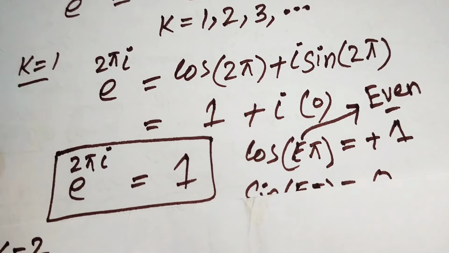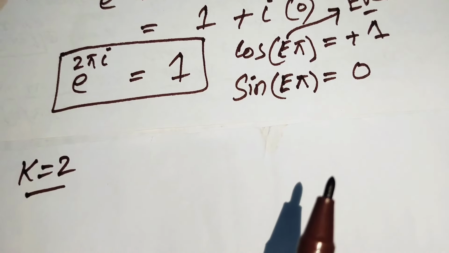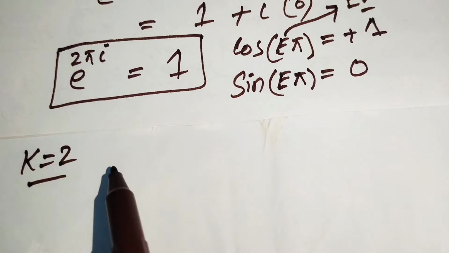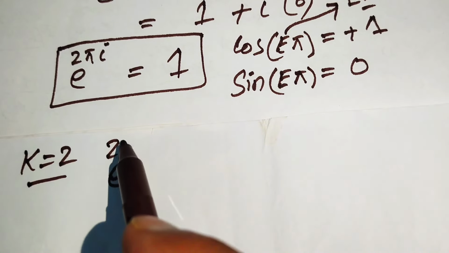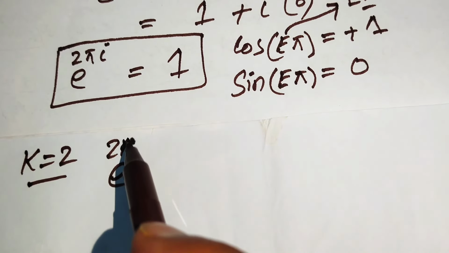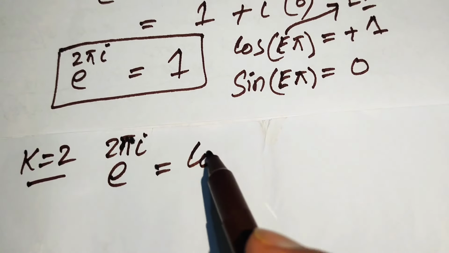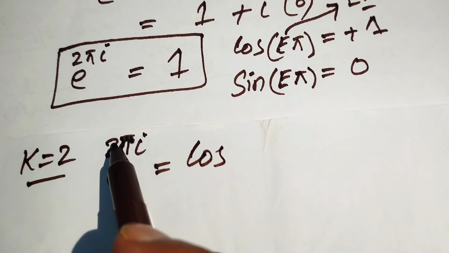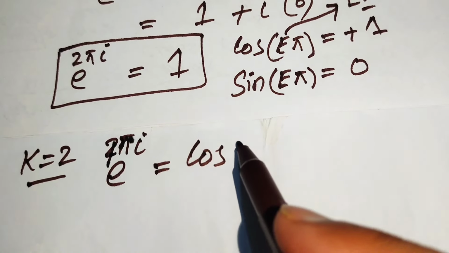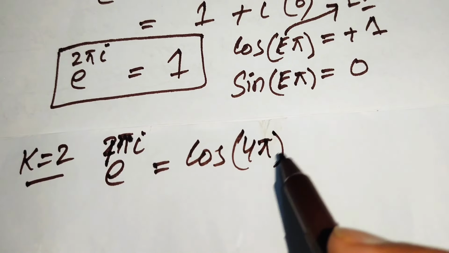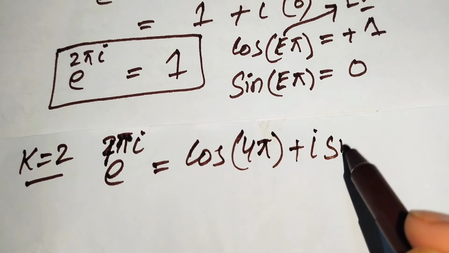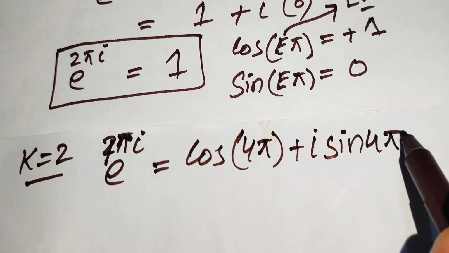So first we put k equals 1, and now we substitute k equals 2. When you put k equals 2, it will be written as e to the power of 2 pi iota is equal to, sorry, this becomes cos of 4 pi plus iota sine of 4 pi.